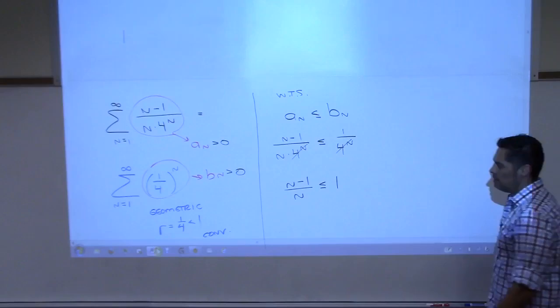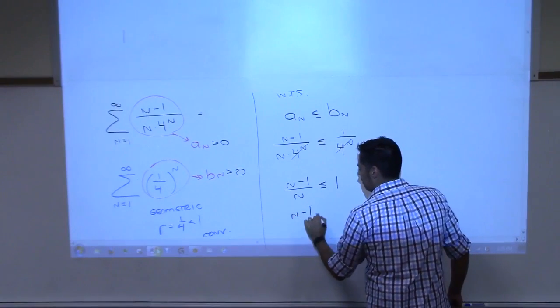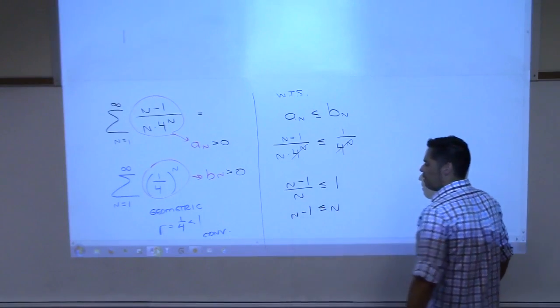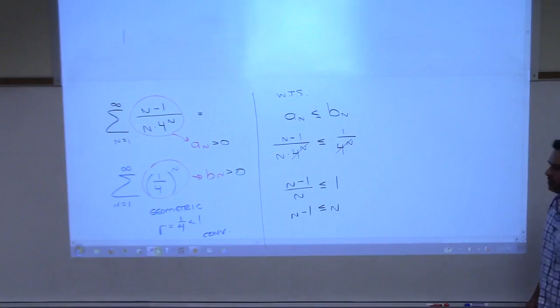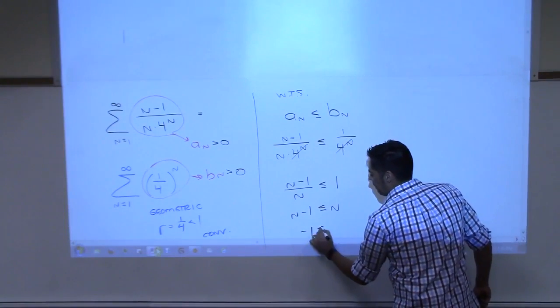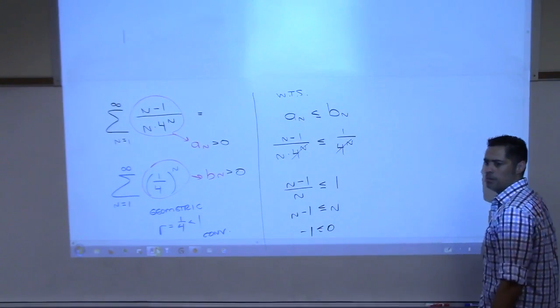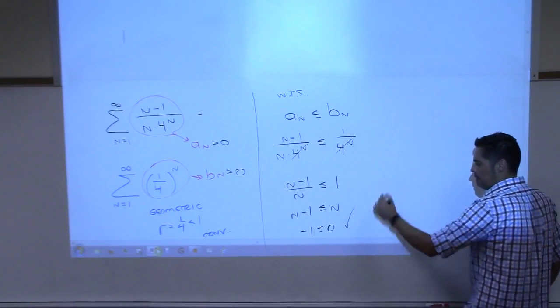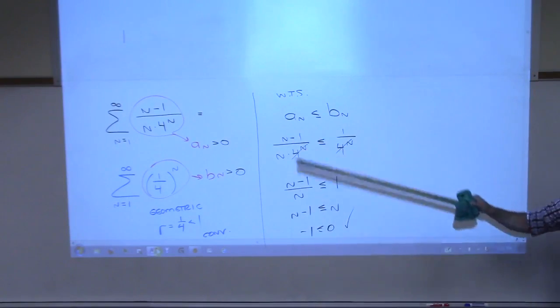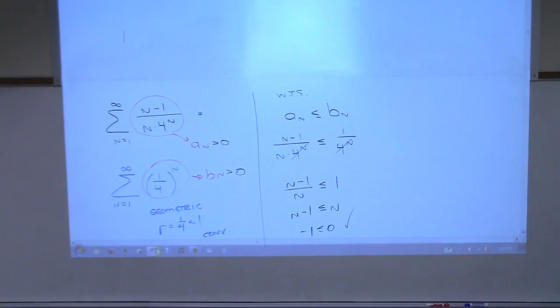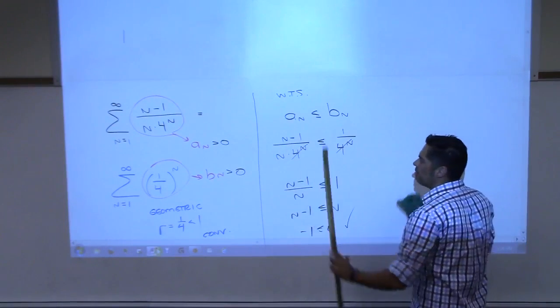Multiply both sides by n. Subtract n on both sides. Is that true? Yes. Therefore, that converges. Pretty nice, pretty nice. So the conclusion is that the original series converges.